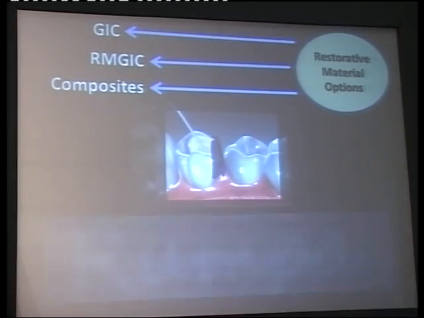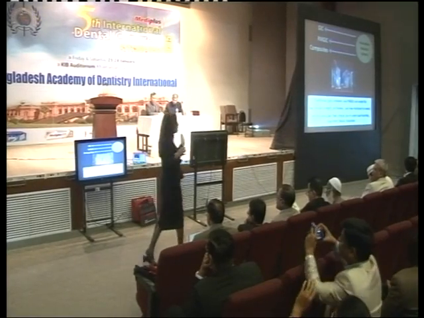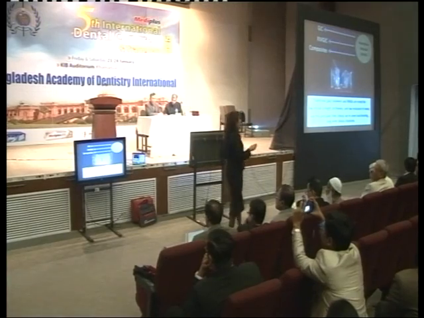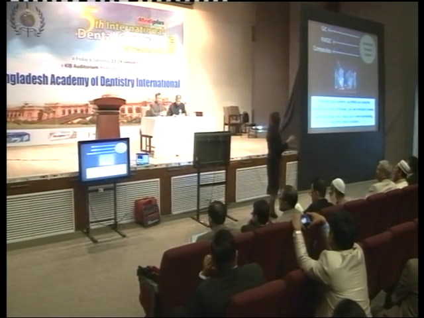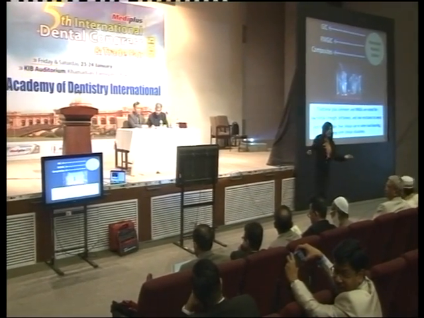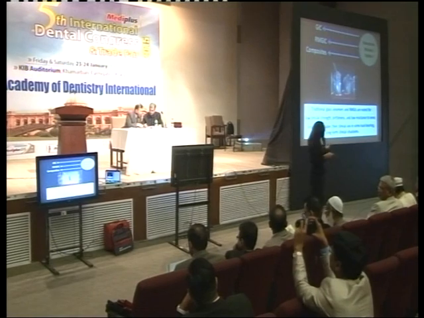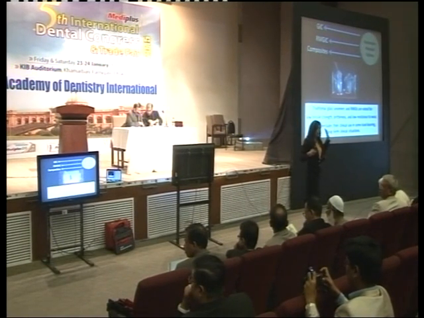The GIC and the RMGIC technically have low tensile strength, they are brittle, and resistance to wear is low. So what happens? This kind of precludes their clinical usage in some load-bearing long-term clinical situations. Am I right?